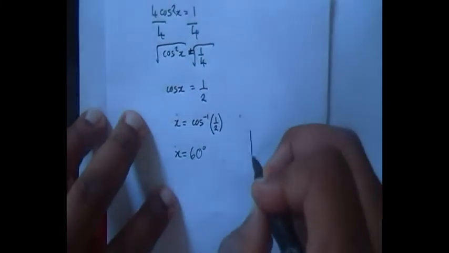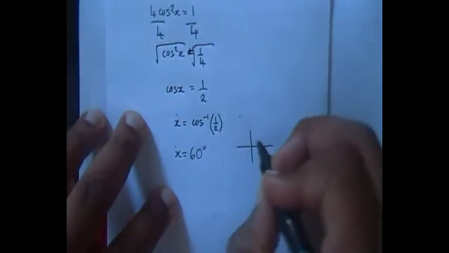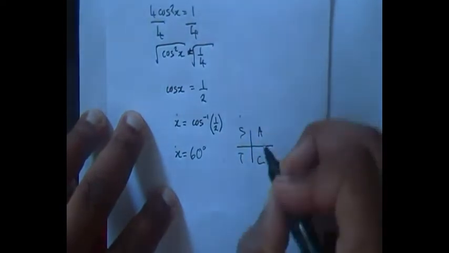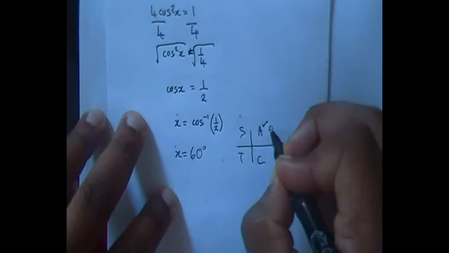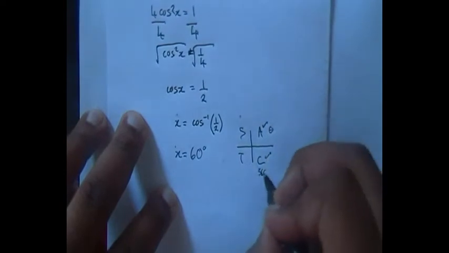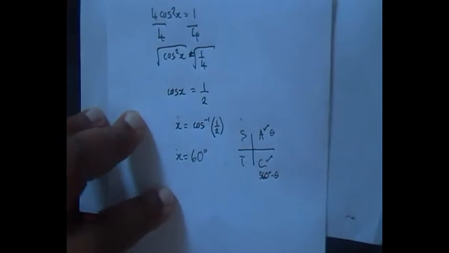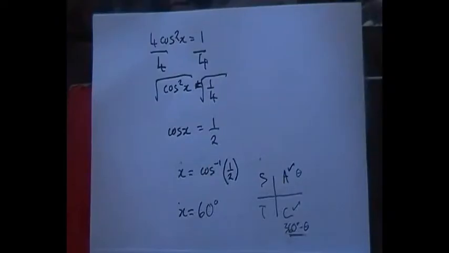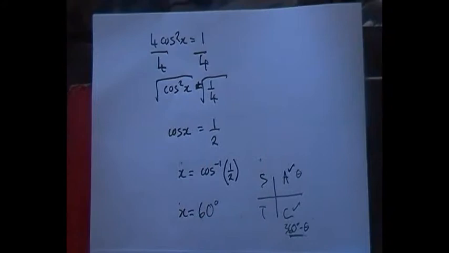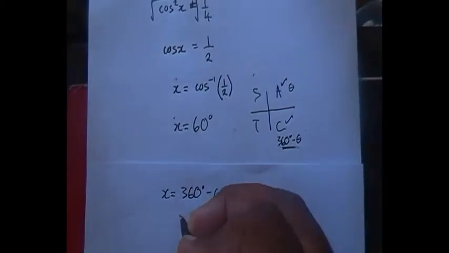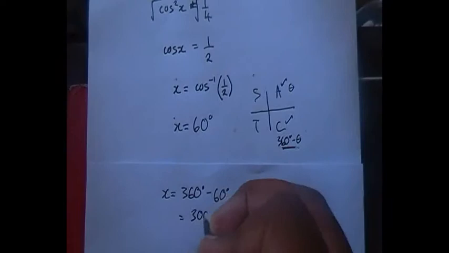When is cos positive? Cos is positive, all stations to Cape Town: in the first quadrant, theta, and the fourth quadrant, 360 minus theta. The other solution will be x equal to 360 degrees minus 60, which is equal to 300 degrees.